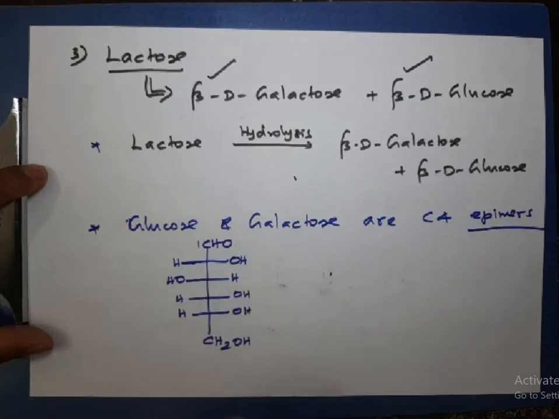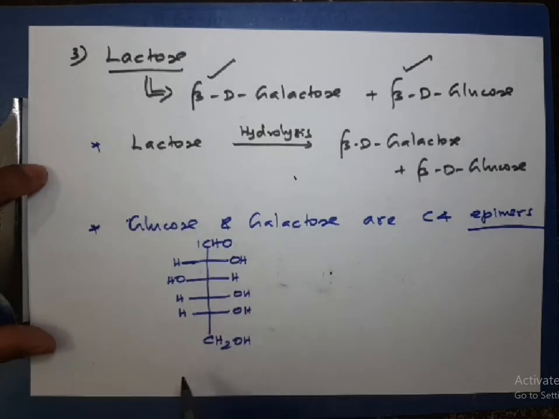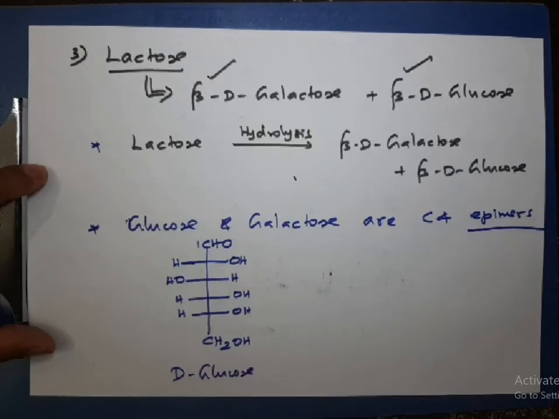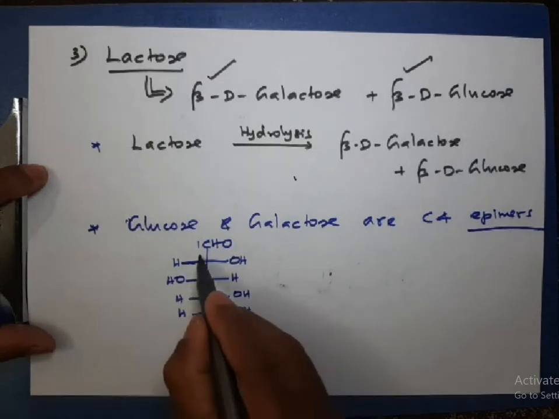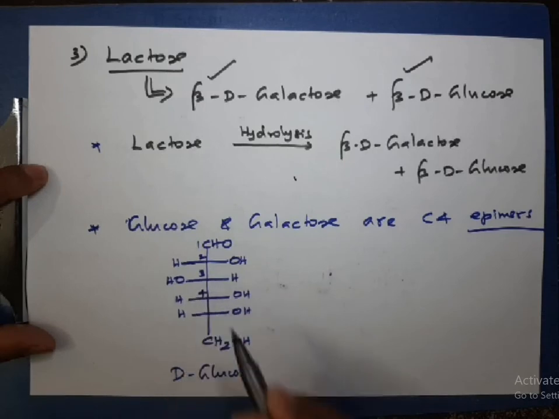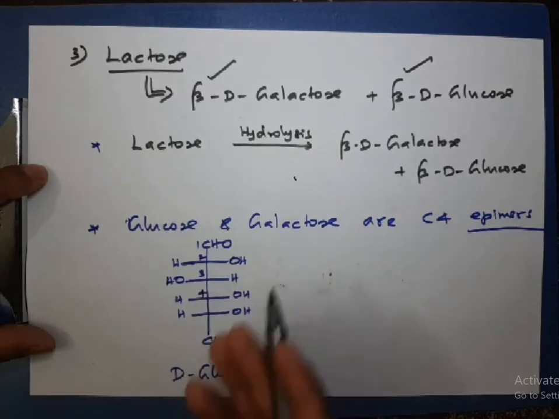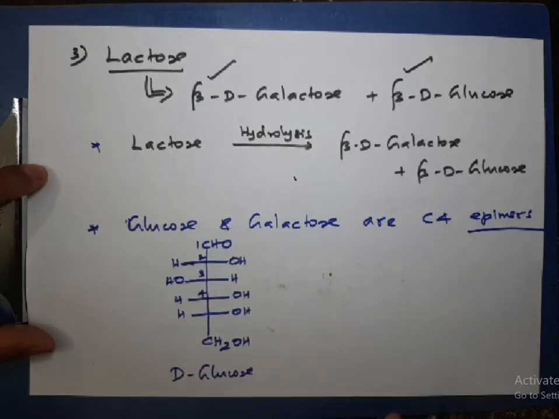Okay, this is the structure of glucose. This is D glucose. Listen, this is carbon number 2, this is carbon number 3, and this is carbon number 4. Now what I am going to do is draw the structure of galactose by changing the position of OH and hydrogen in carbon number 4.